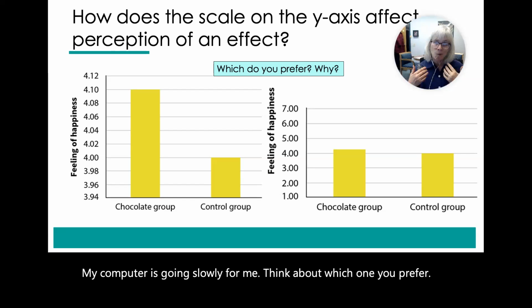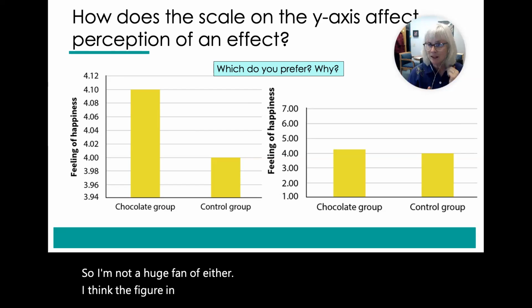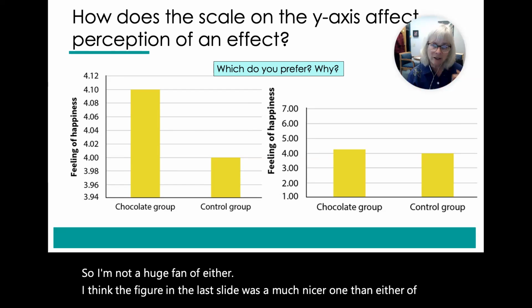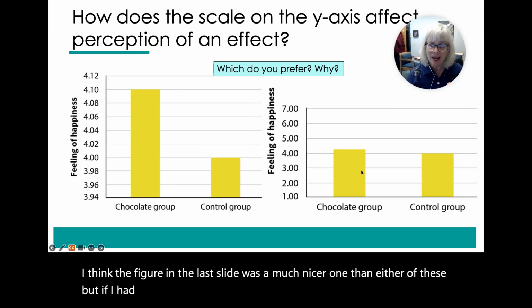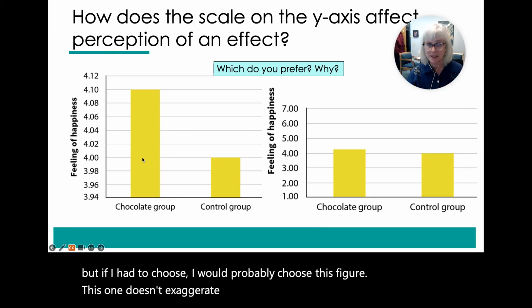So I'm not a huge fan of either. I think the figure in the last slide was a much nicer one than either of these. But if I had to choose, I would probably choose this figure. This one doesn't exaggerate the results as this one does.